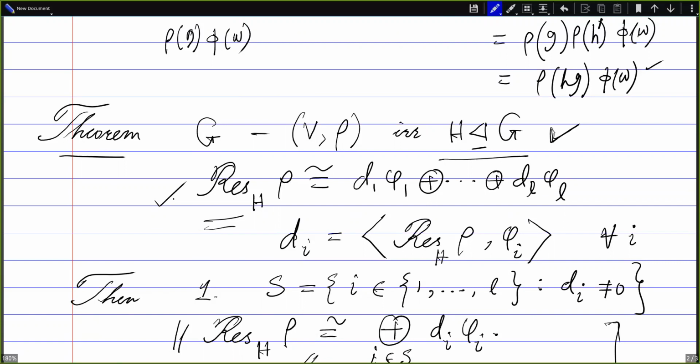Only those phi i's which have the same dimension are allowed to be contained here. And those which do occur, they will occur the same number of times. Okay, with that I will stop.